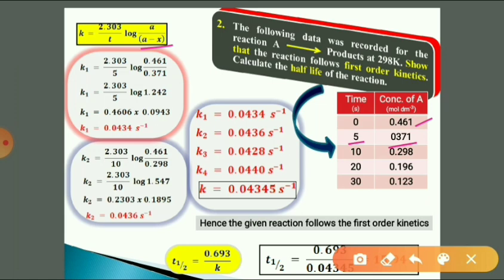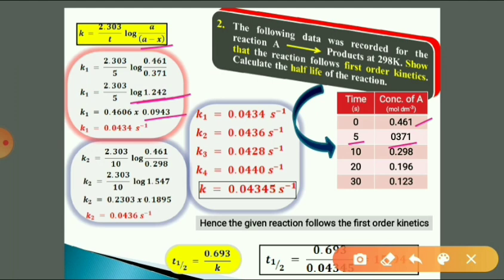Now take the ratio of these two. You will get log of 1.242. After taking the log of this factor, log of 1.242, you will get 0.0943.